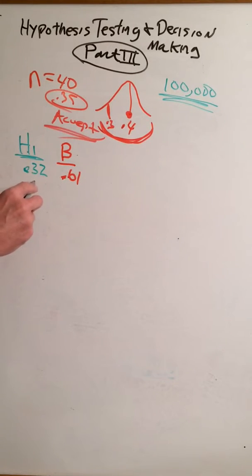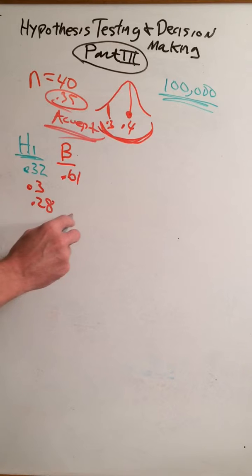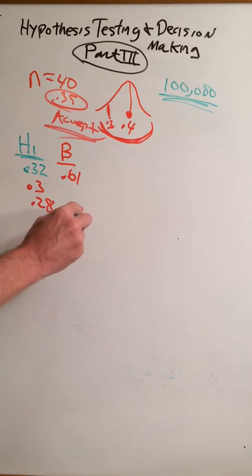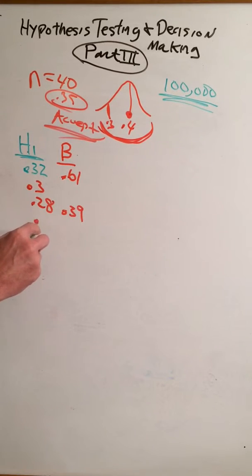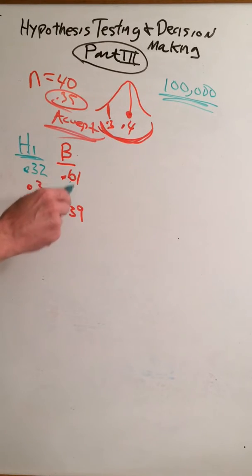We also wanted to examine some more possibilities: 0.3, 0.28, and 0.2. I believe we did 0.28 in the last video, and we got a 39% chance. We did these in the last video.